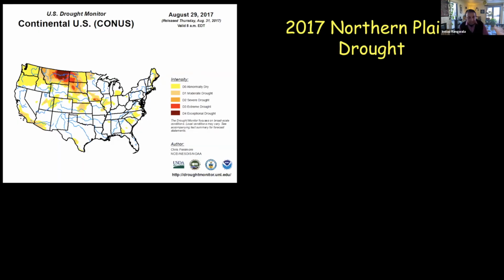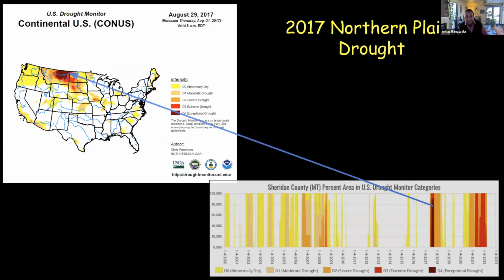I'll take another minute to talk about these indices a little more, with an example from the 2017 Northern Plains drought, which was a flash drought but a very intense one. If you look at one county in the northeast corner, Sheridan County in Montana, you see how the drought emerged. There were fairly wet to normal conditions going into that drought.